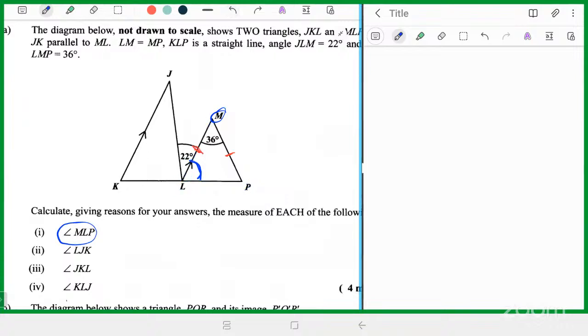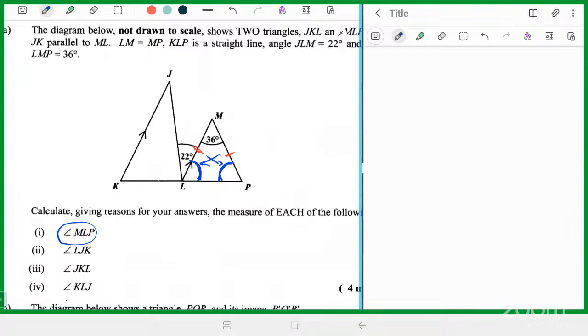Now that angle that is marked blue and this angle here, they are equal. Why are they equal? Because this is an isosceles triangle. Because these two sides are equal, the angle opposite to this side is the same as the angle opposite to that side. That's how triangles work. An angle and a side opposite are related to each other.